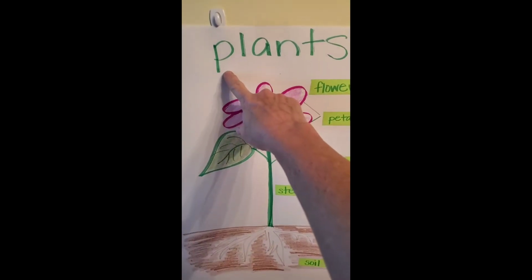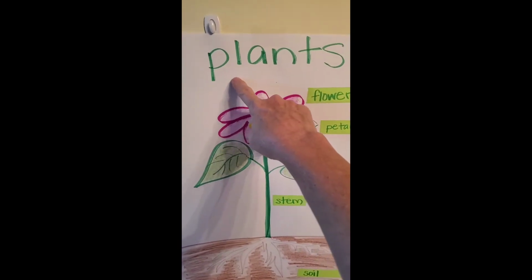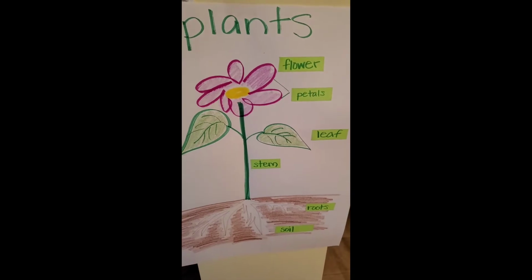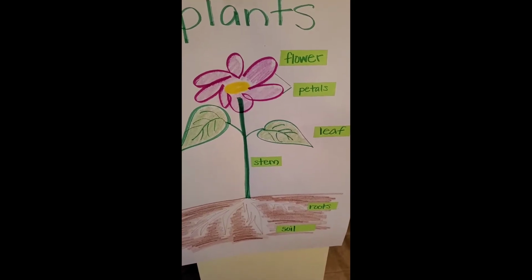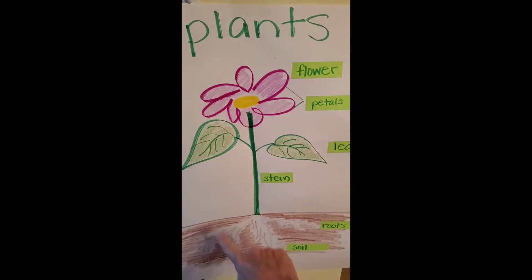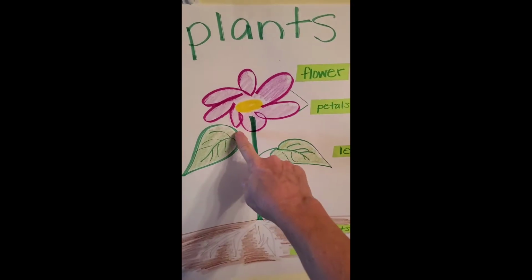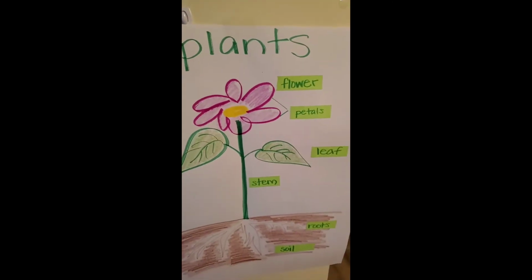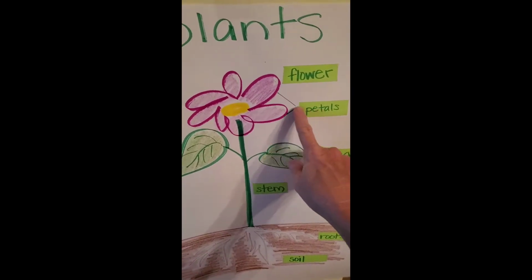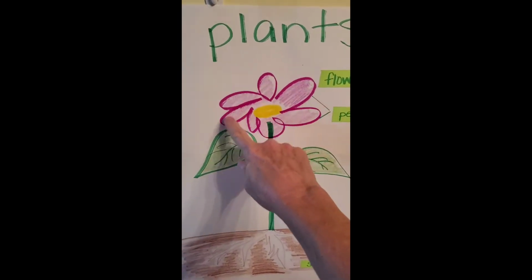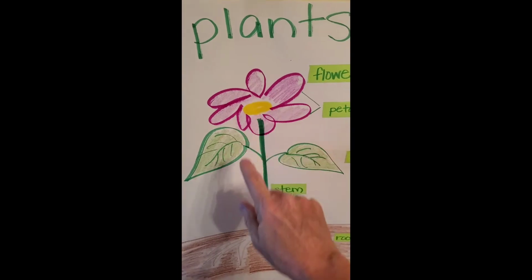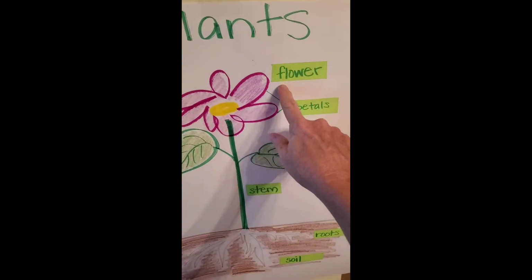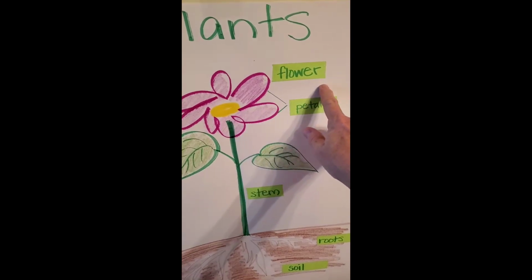This word right here is plants. And let's do a quick review of what we've already learned about the parts of a plant. This whole part here is called a flower. And flowers have petals and a center. But that says petals, and that says flower.